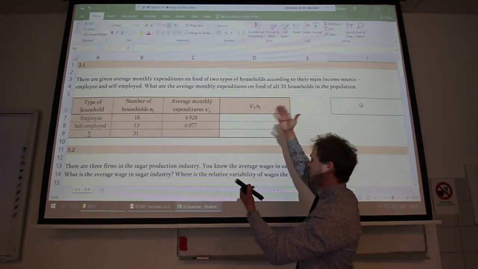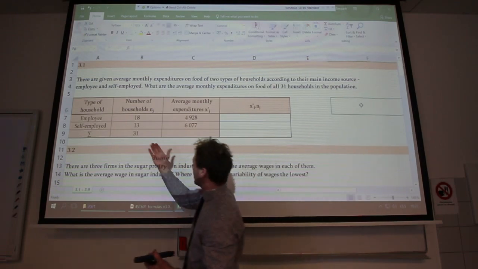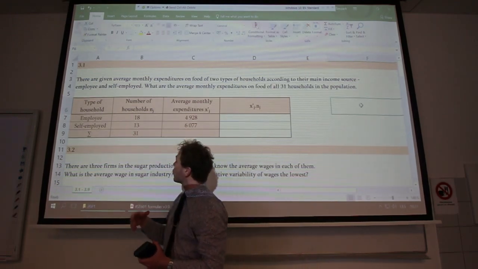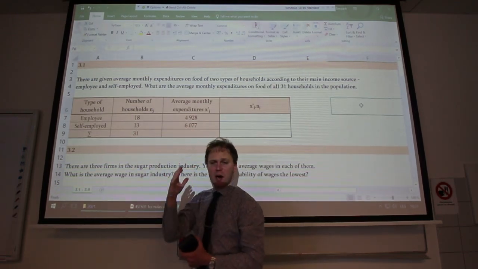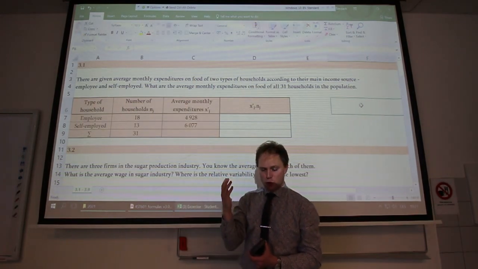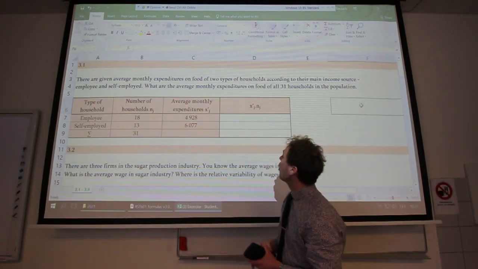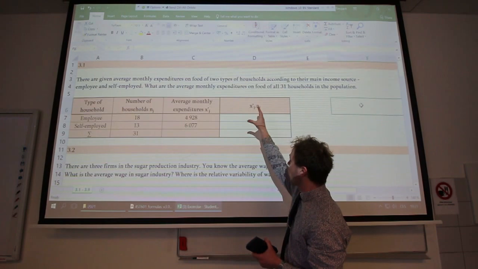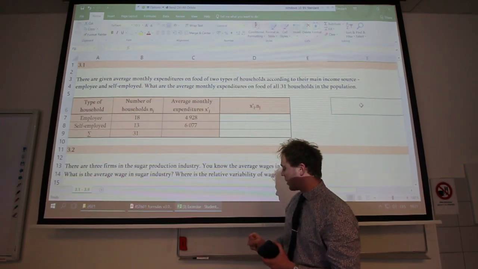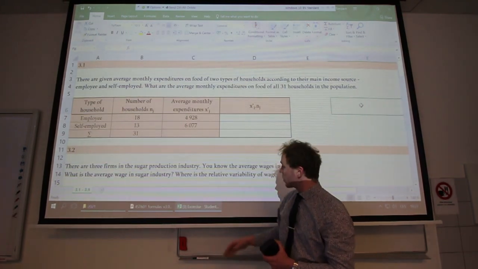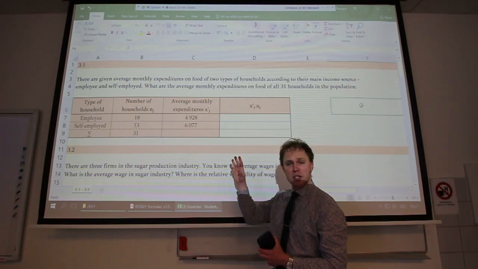Yes, this is our sample of 31 households. So we must know that we have to use the weighted version of arithmetical mean. So I will use the whiteboard, and I will calculate this for you.